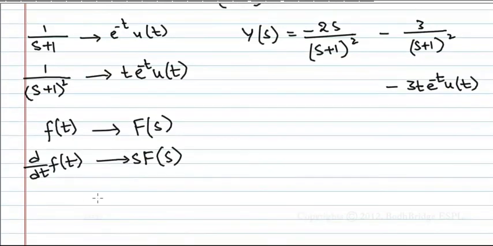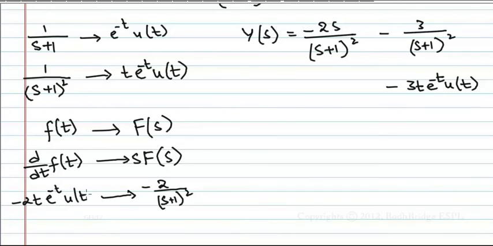Because I know 1 by s plus 1 whole square has t into e power minus t u of t, so minus 2 by s plus 1 whole square has minus 2 into t e power minus t u of t.